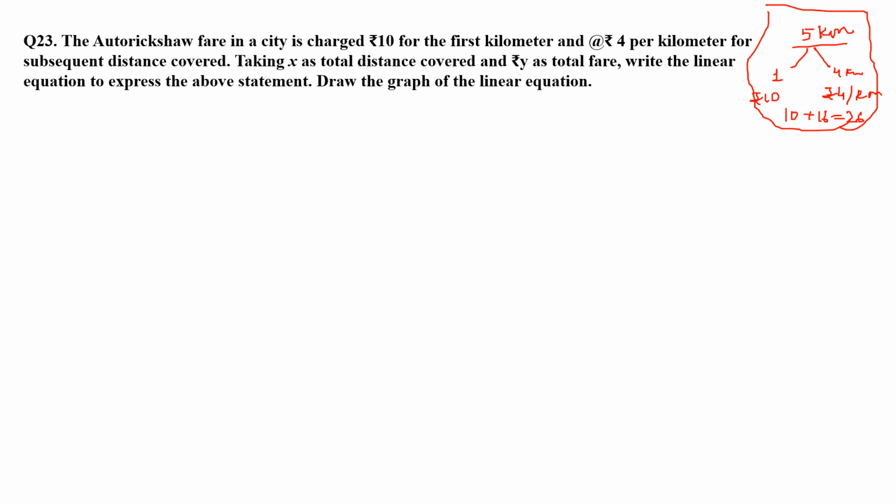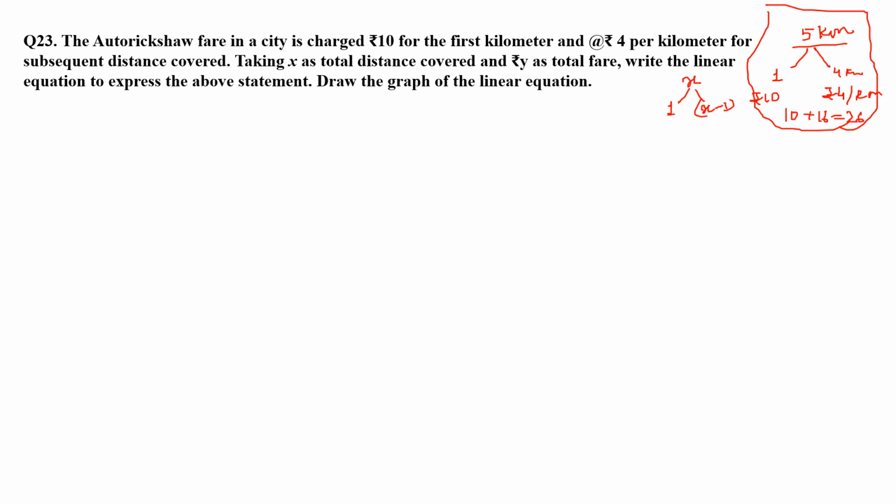Here it is given the total distance covered is x, isn't it? So from this x, if you take 1 kilometer, you will be left with x minus 1 kilometer, isn't it? For the first 1 kilometer you are paying 10 rupees and for the remaining x minus 1 kilometer you are paying 4 rupees per kilometer.